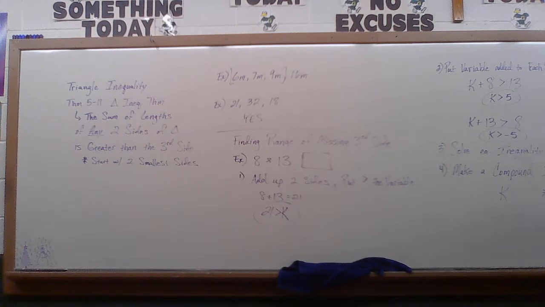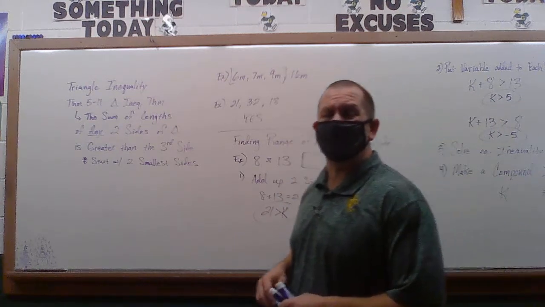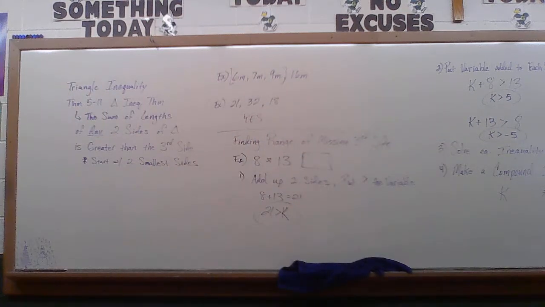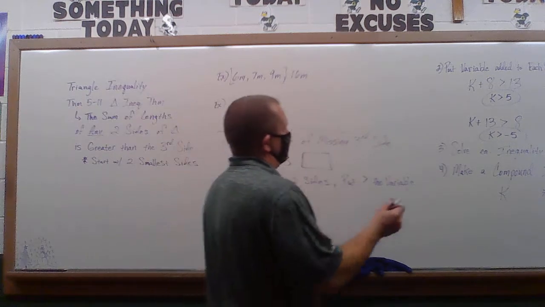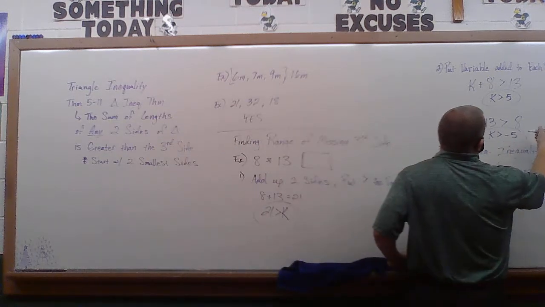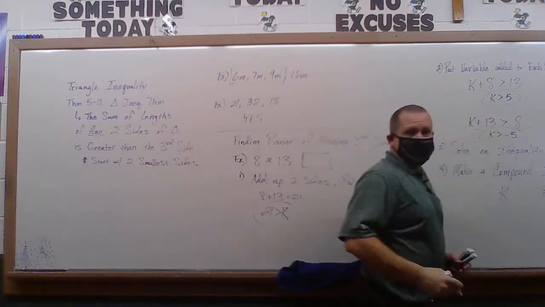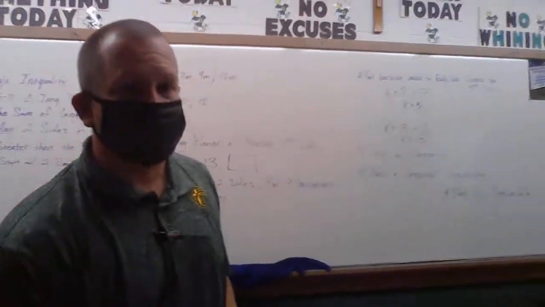Why would I say this? Even though I'm going to make a range, can I ever build a pen where I had a negative length of something for one of the sides of my fence? Heck no, right? So which one are we eliminating? We're going to eliminate that one right there, because we don't want that negative one.